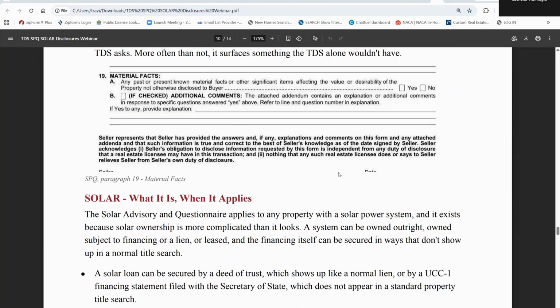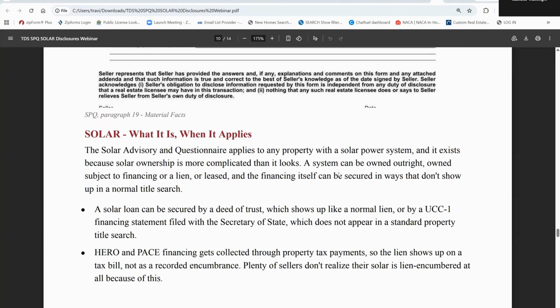For the listing side, it's very important that we have both of these filled out to the best of our ability. And on the buyer side, make sure we review all of the yes answers to make sure we have an explanation there. And the no answers can be just as important as well.